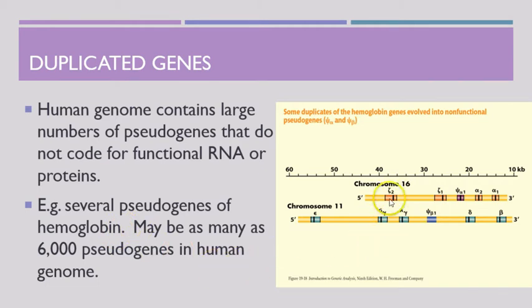You can see here's one, here's one, here's one, here's one, this, this, this, this, and this, right? And so these are all duplications, and that gives a really good indicator of the relationship and when these genes evolved into these non-functional pseudogenes. And so you can really do a lot of comparison with these pseudogenes.